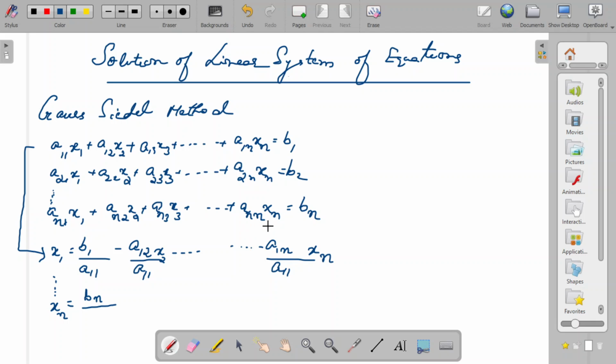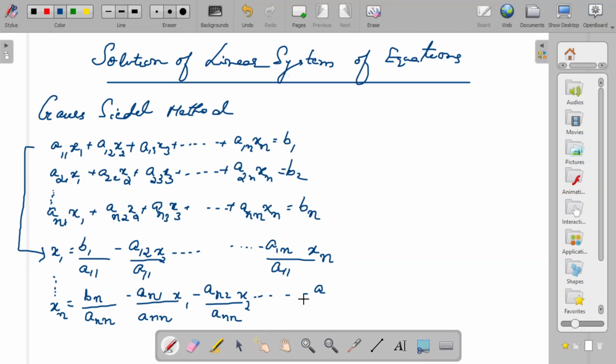So that will be bn by ann minus an1 by ann x1 minus an2 by ann x2, and so on. The final term, since xn is on the left, the previous terms I have to take to the right hand side.